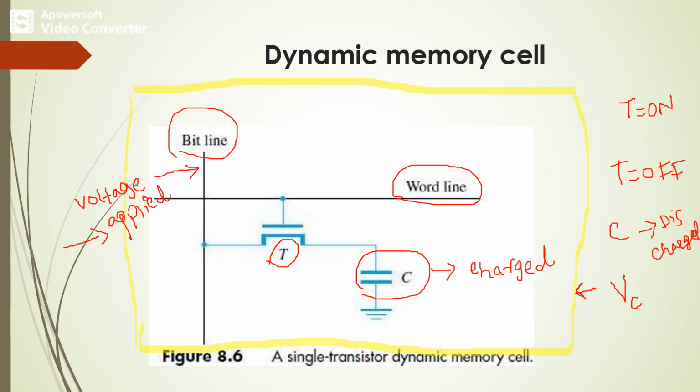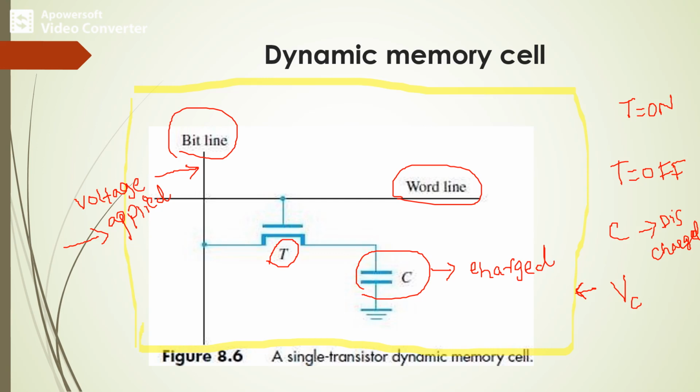The information can be retrieved correctly only if it is read before the charge on the capacitor drops below some threshold value.